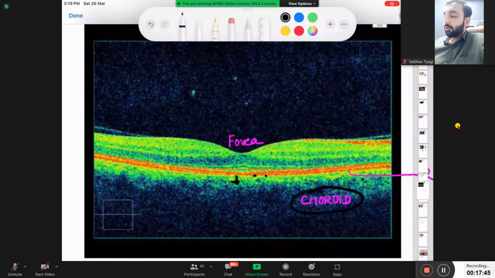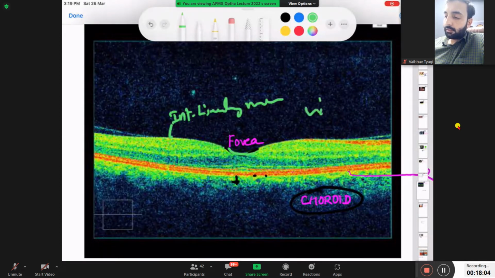This is your choroid, right? And this center depression, can you see this central depression? This is your fovea centralis. And this is your innermost layer of retina, internal limiting membrane. Okay? And this is your vitreous humor.